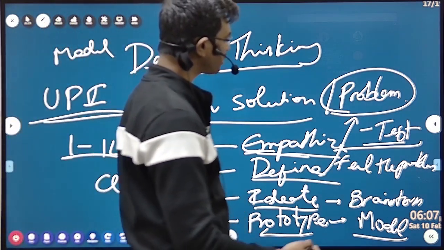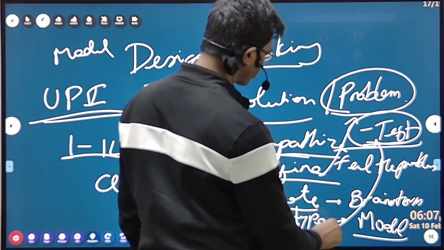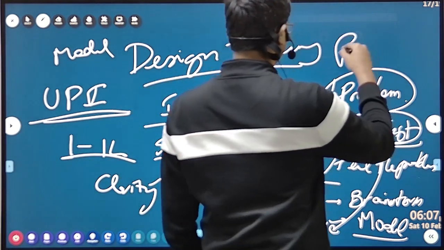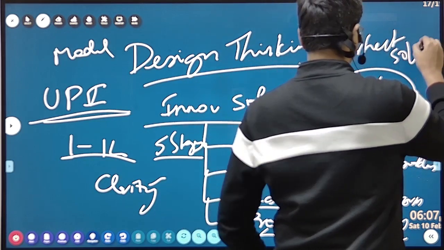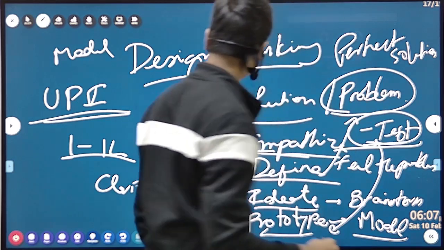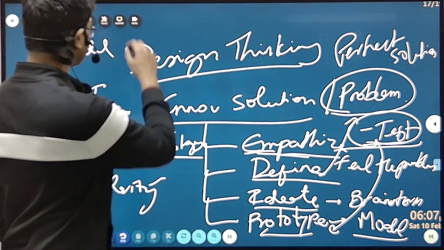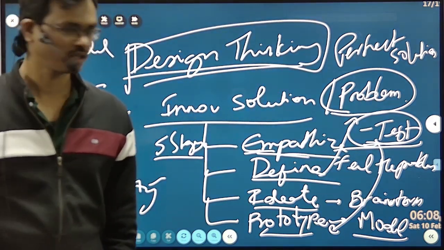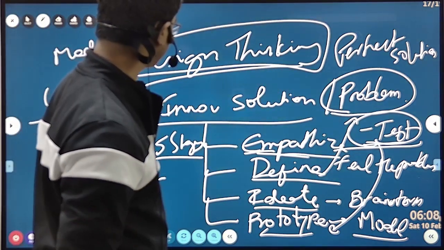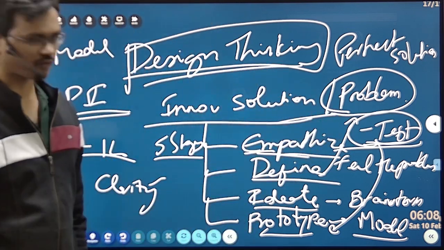All of that comes from testing. You include it in a new prototype and test until you get a perfect solution. This type of activity is known as design thinking. You are designing an innovative solution to the problem. This is the process you have to follow.